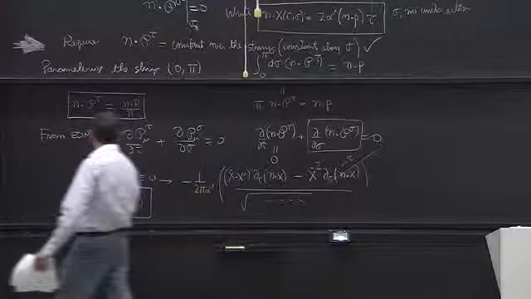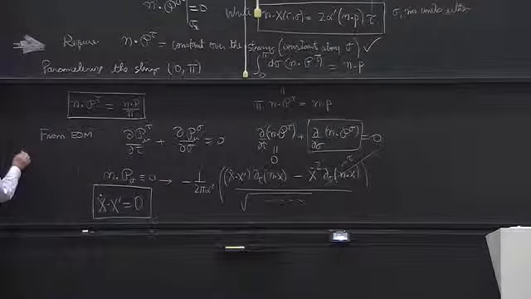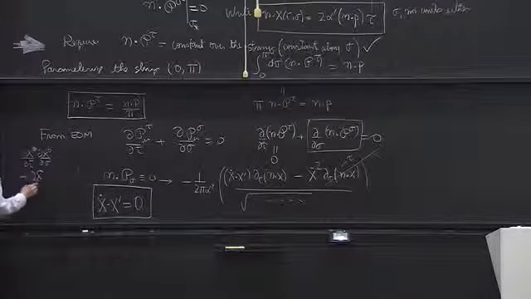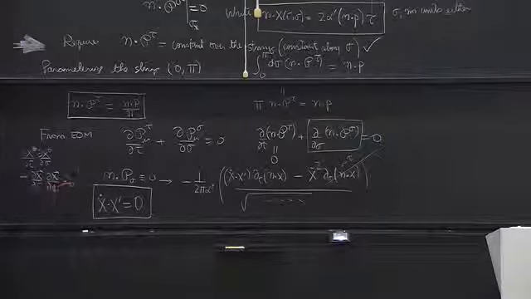If you look at it, it would be dx^mu, dx0 d tau, dx0 d sigma, plus dx vector d tau, dx vector d sigma equals 0.